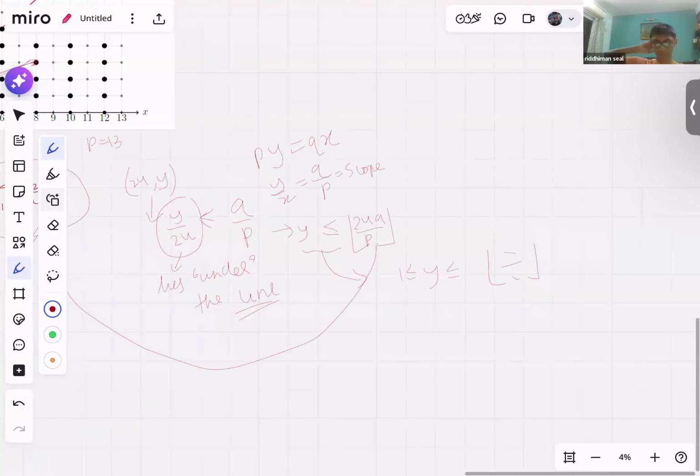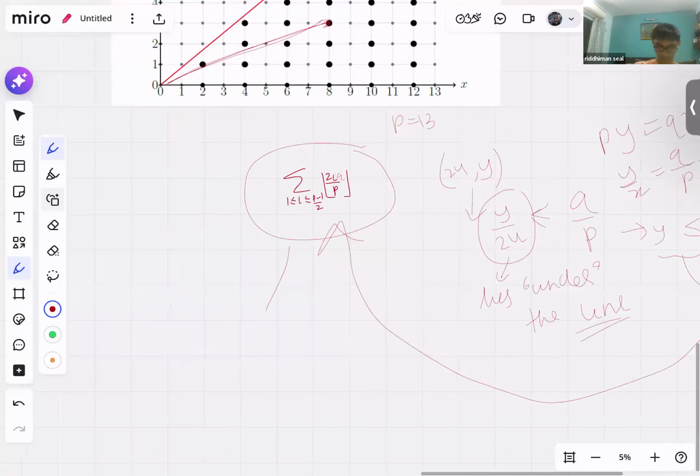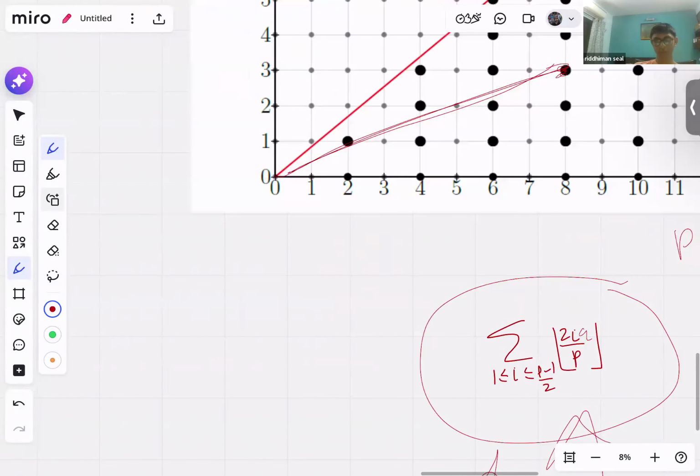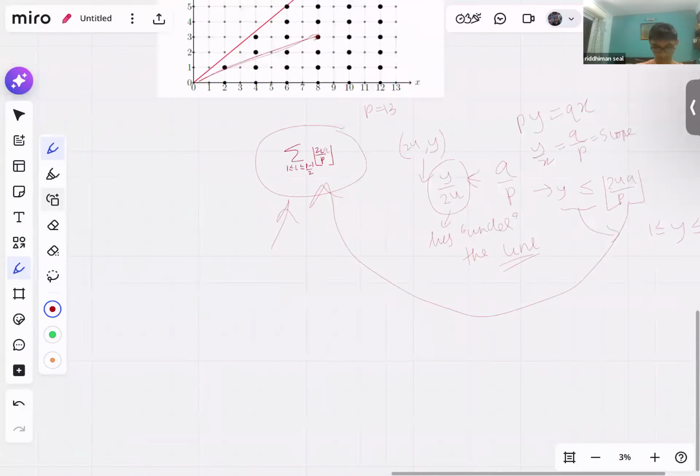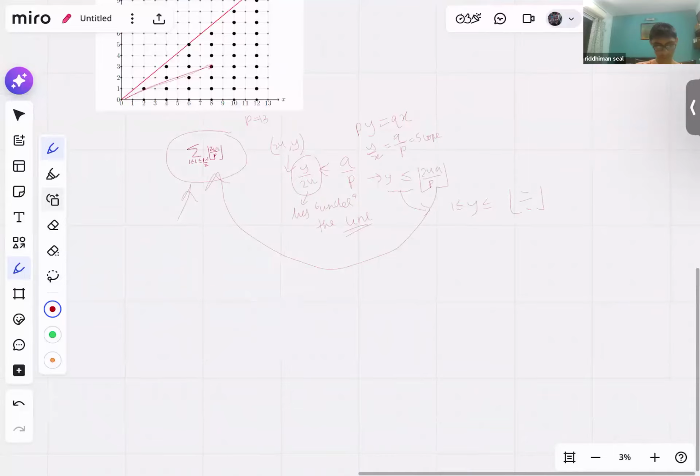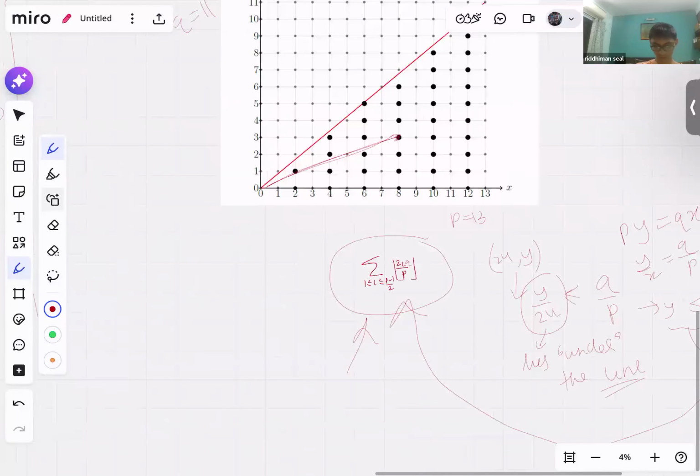If we sum over all u, we get this summation, which also means all the points with even x coordinates, where x is 2u as u goes from 1 to (p-1)/2, and the y coordinate lies under the line. So this is indeed the number of points here.